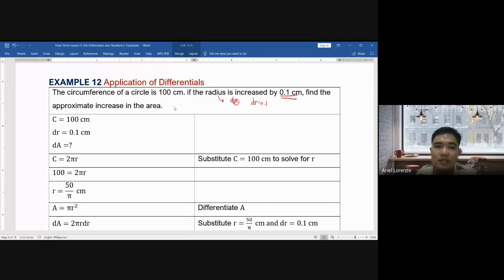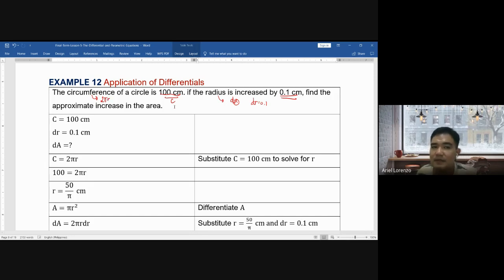Okay? So given circumference, which is 100, that is C, find the approximate increase in the area. Okay, so if there is a minimal increase of 0.1 in the radius of a circle, what is the approximate increase in its area? By the way, this is circumference, that is 2 pi r. Tama?